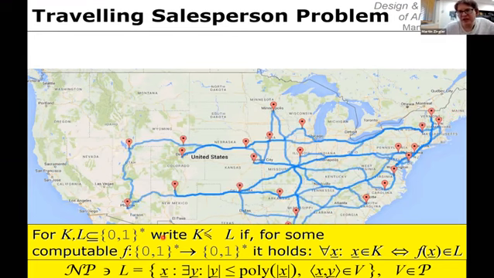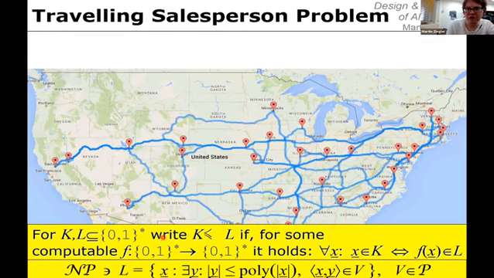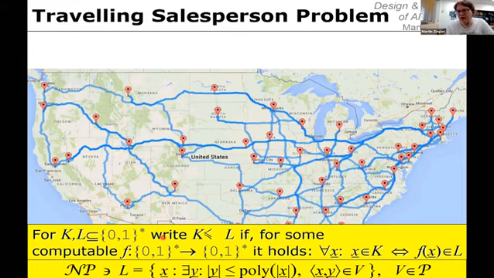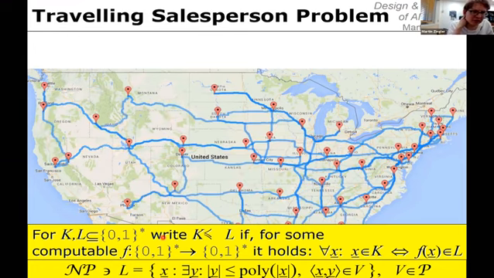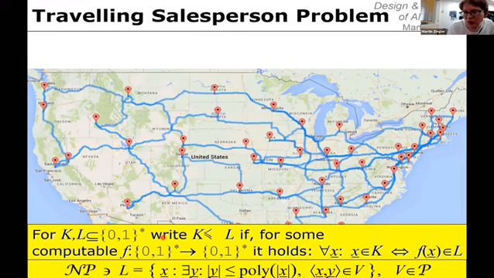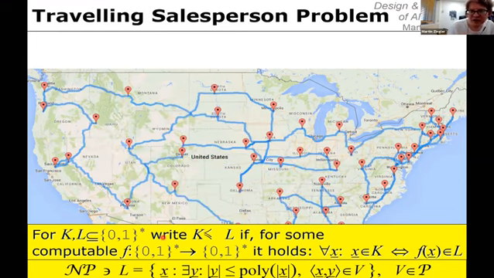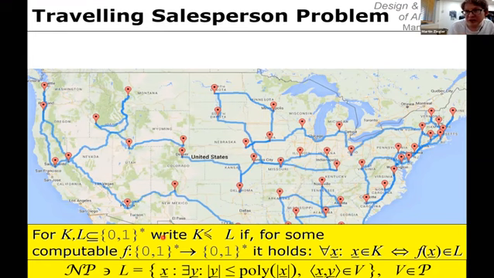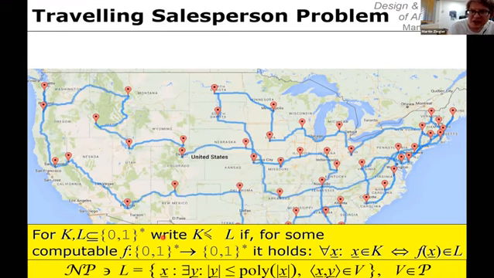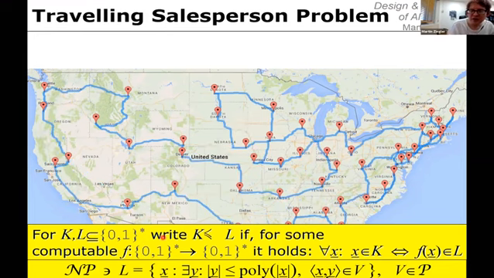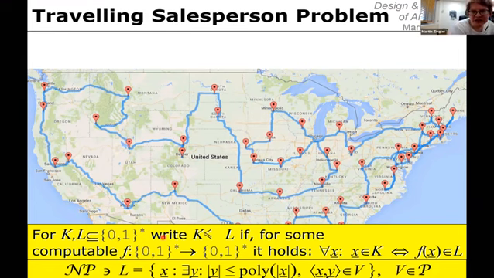You're a traveling salesperson after all. The goal is to find a tour, that is a cycle that starts in some city, let's say New York, and ends in the same city, and on the way will have visited every single city precisely once.